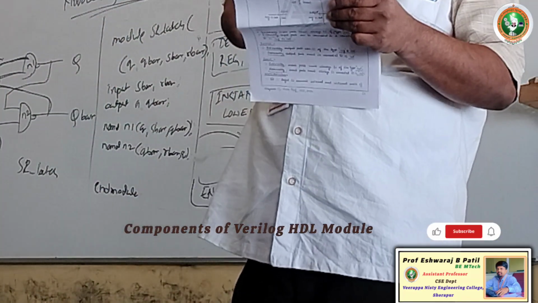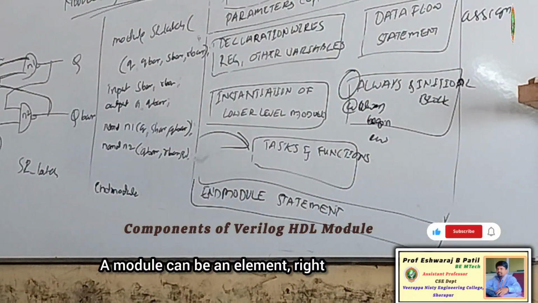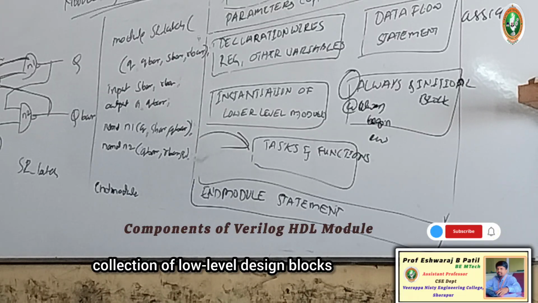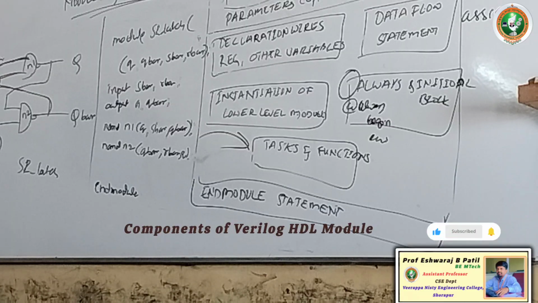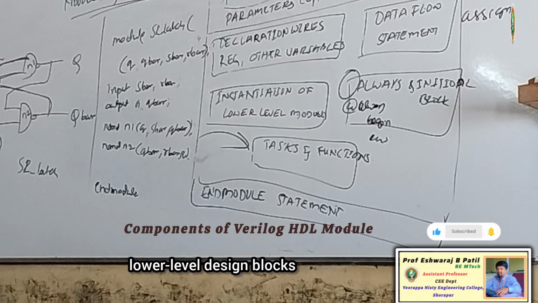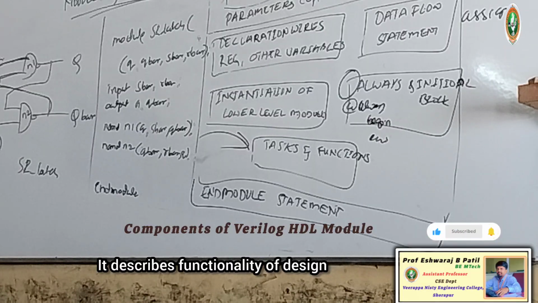Second point: a model can be an element or a collection of lower level design blocks. It describes the functionality of the design.